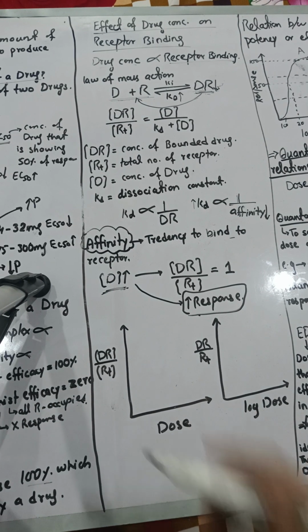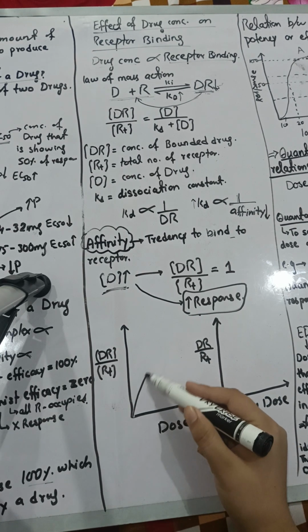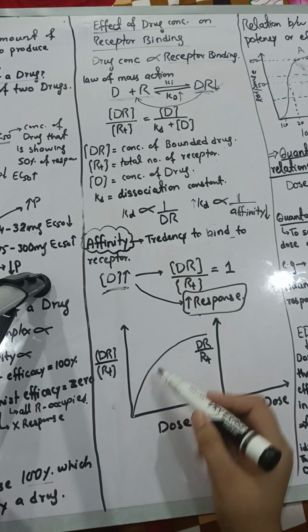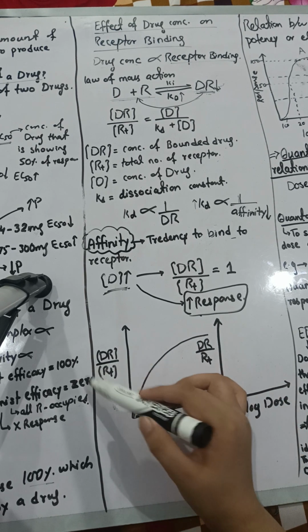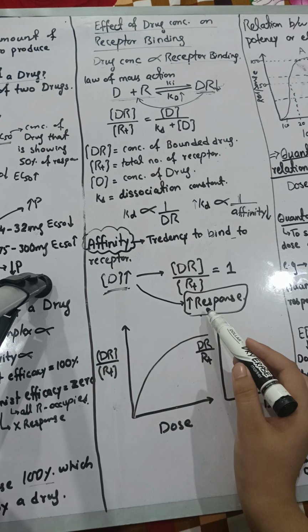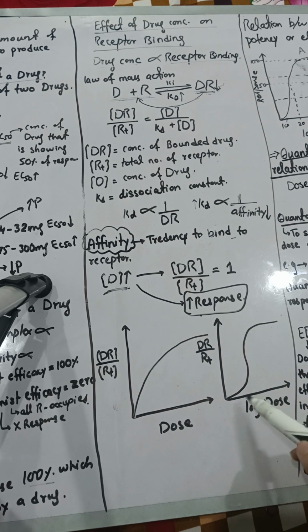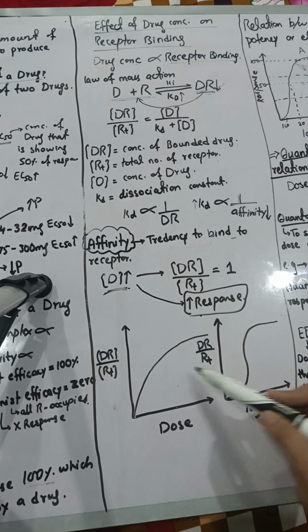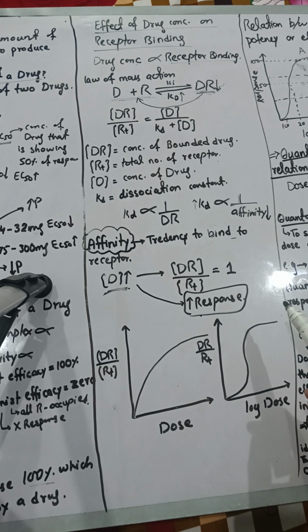This shows that when your dose increases, this ratio increases and the response increases. For the log dose, you always make a sigmoid graph. It also represents that whenever you increase the dose, this ratio increases, and as a result your response increases.